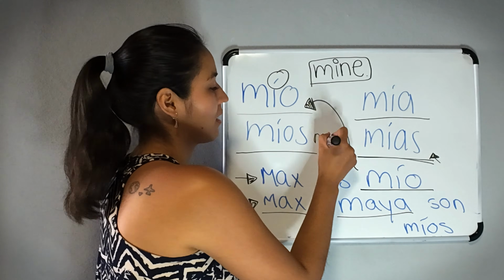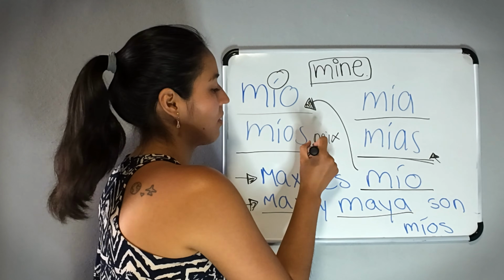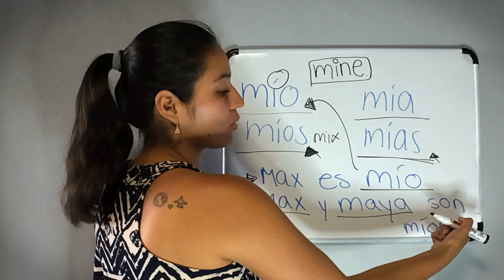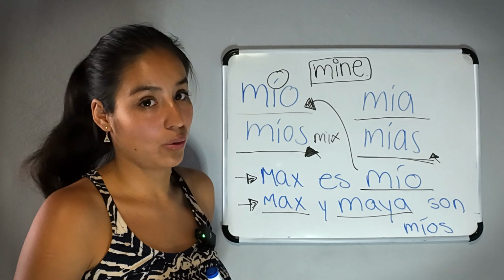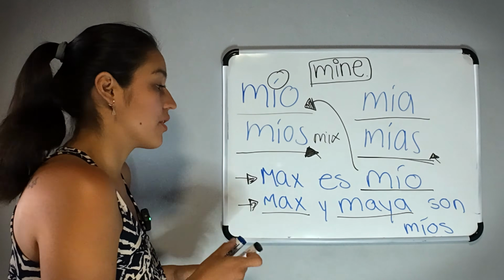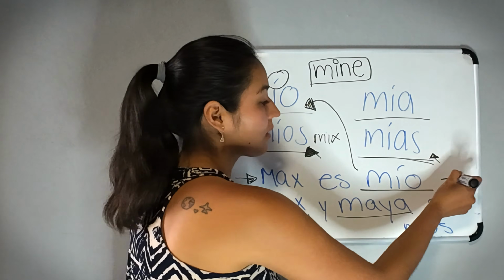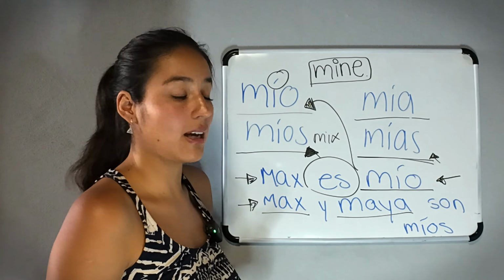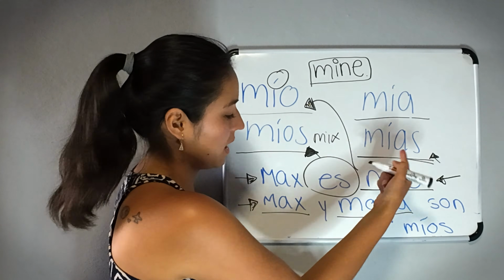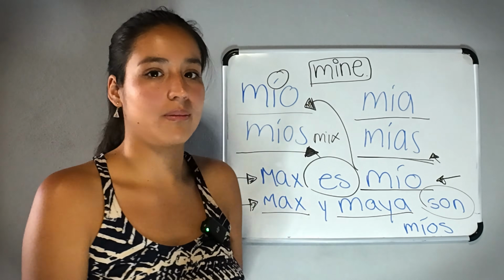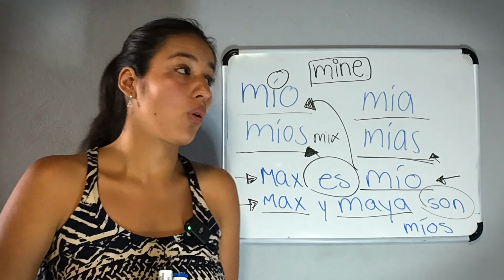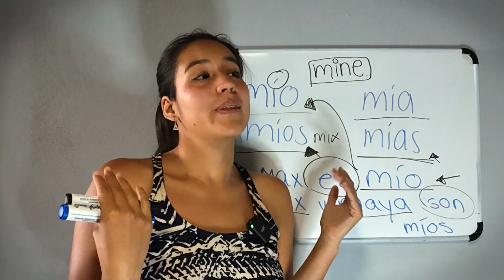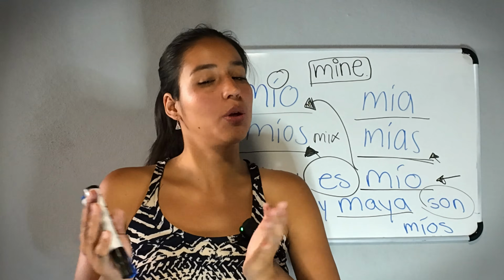Remember, mix. We are going to use the masculine version. So, Max y Maya son míos. Another thing to remember: singular, you're using mía or mío, with es. You are using míos or mías with son.